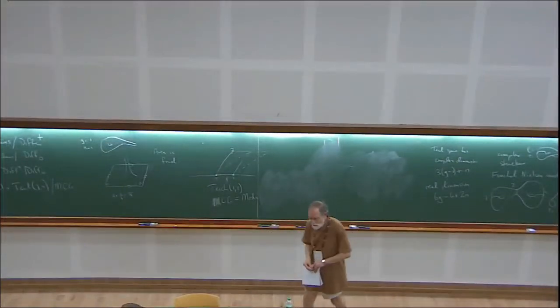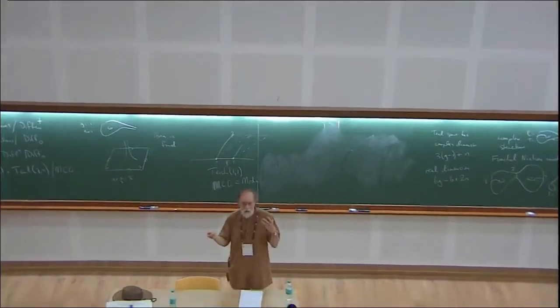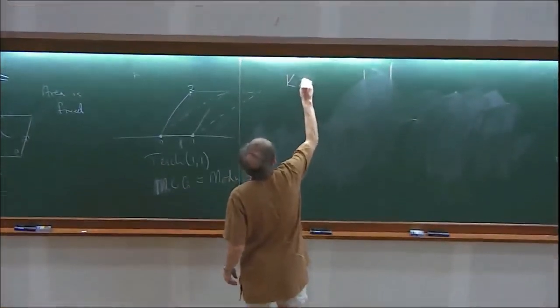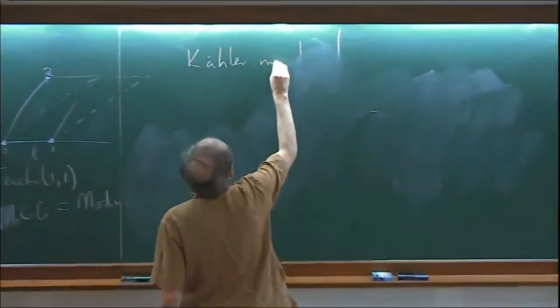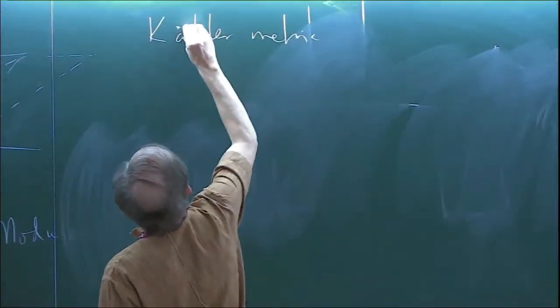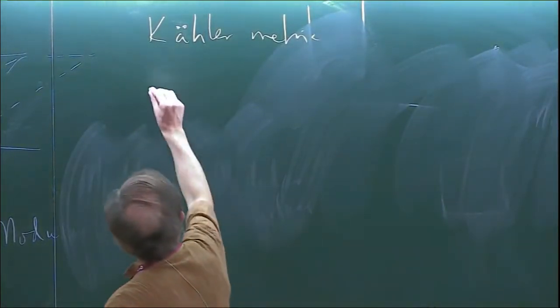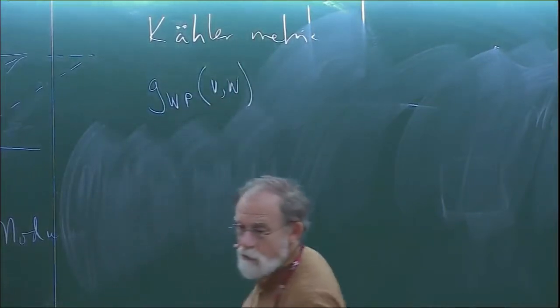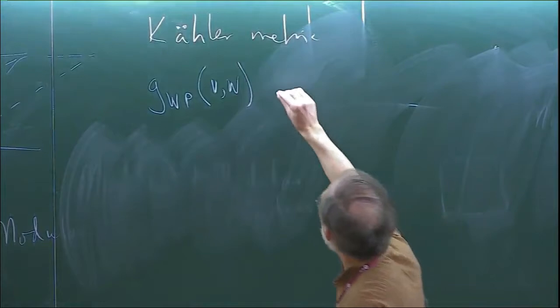So I have the setup of a complex manifold, and I have a nice 2-form on it. So you can create what's called a Kähler metric. I've written Kähler with the two dots on the a. You also see it written as ae. The same with Teichmüller, either two dots on the u or ue. So what you do is, I want to define my Weil-Petersson metric acting on two tangent vectors.